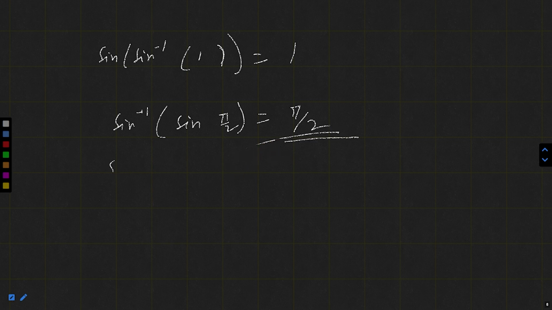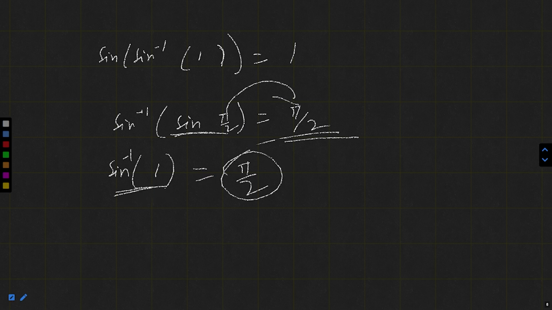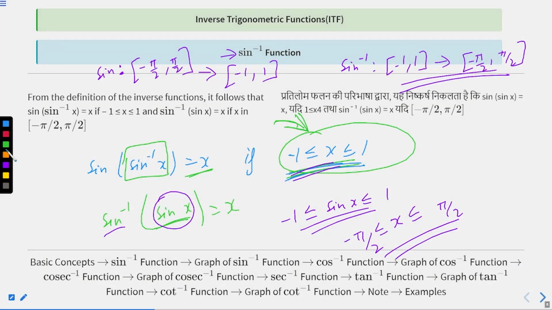As you can easily evaluate, this value is 1, and this value we know is pi by 2. So just simply write pi by 2 over here. The main thing to keep in mind is that this can only happen when x satisfies this condition, and this can only happen when x satisfies this condition.